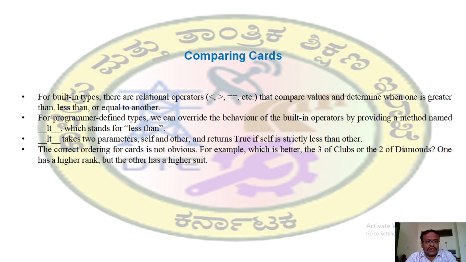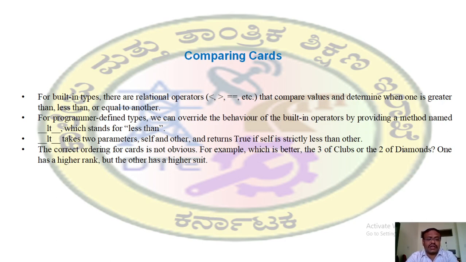For programmer defined types, one can override the behavior of the built-in operators by providing a method named underscore lt, which stands for less than. It basically takes two parameters, self and other, and returns true if self is strictly less than other. Self is the object we are invoking, and the second one is another object which we want to compare with.